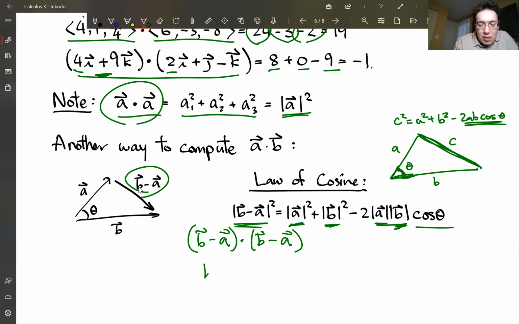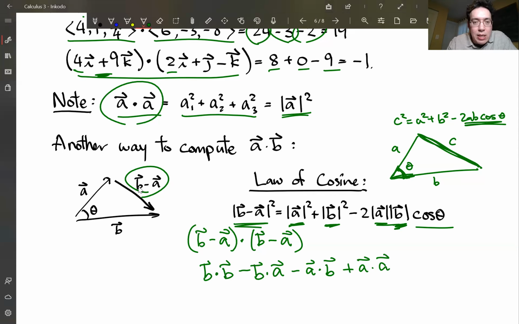So this is the same thing as B dot B minus B dot A minus A dot B. Minus A times minus A is going to be plus A dot A. So this is the left-hand side.